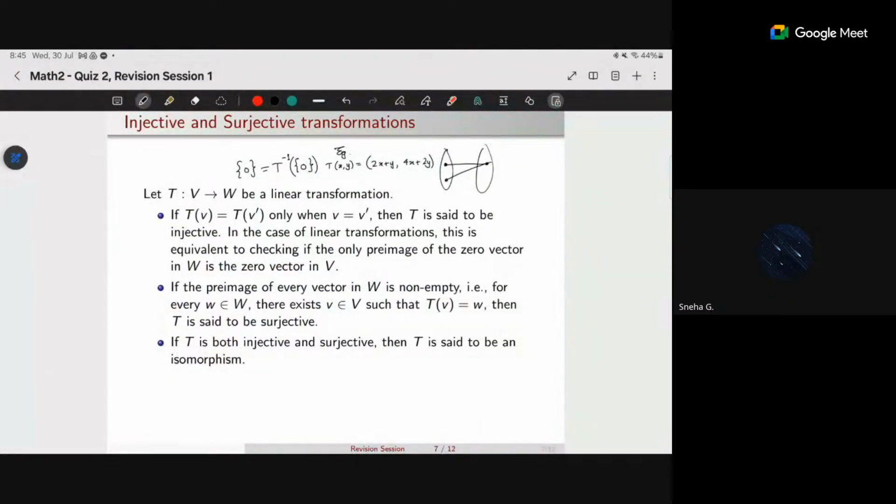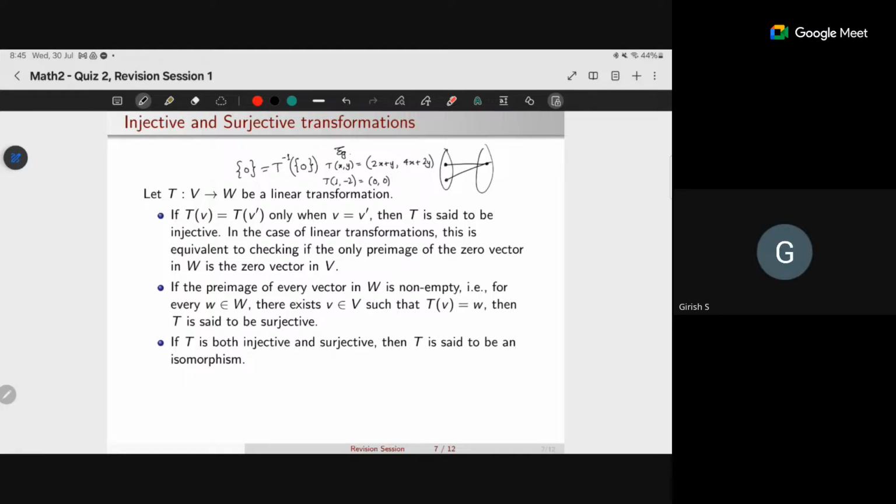Now, if you were to use this property that you look at the pre-images, can you give me a non-zero element which is mapped to the zero element? One, minus two. So you see that this is 0, 0.